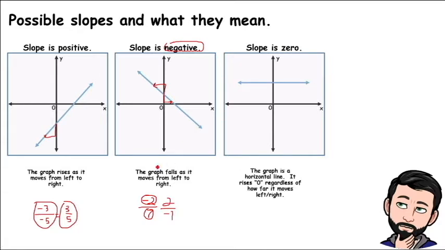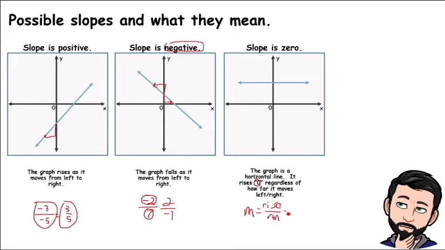In this example, you'll notice you have a horizontal line, and we say that it rises 0 no matter how far it moves left or right. You'll remember your slope, or m, is your rise over your run.